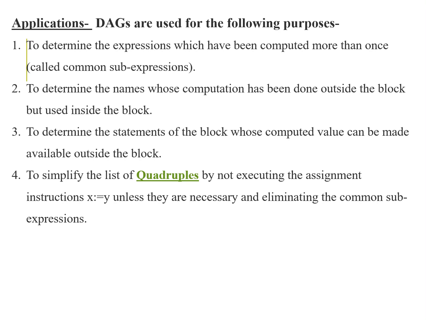Last, to simplify the list of quadruples by not executing the assignment instructions unless they are necessary and eliminating common sub-expressions. So if you get a theory question of 5 marks or 10 marks for DAG, you are expected to write the theory slides. The first slide before examples, then 3-4 examples and the other 2 slides. These 4 slides will help you create your 10-mark answer.